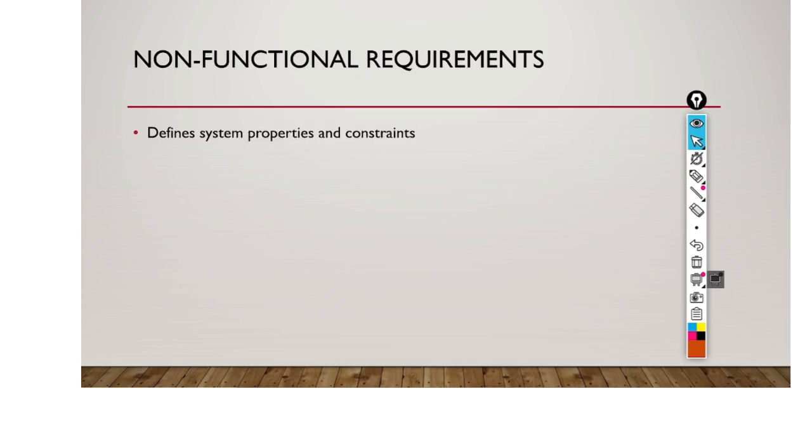Non-functional requirements define the system properties and constraints, that is, the quality attributes rather than the functionality. Whatever the system is, it is based on performance or reliability or other constraints. So it always looks into the quality rather than the functionality of the system.